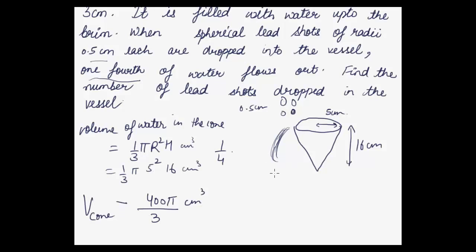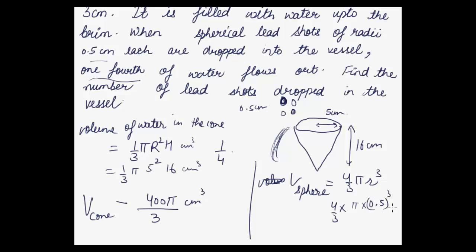Now let us calculate volume of one spherical ball. So let us denote it by V sphere, and it will be 4/3 pi small r cube, where r is the radius of this ball. So it will be 4/3 into pi into 0.5 cube centimeter cube.